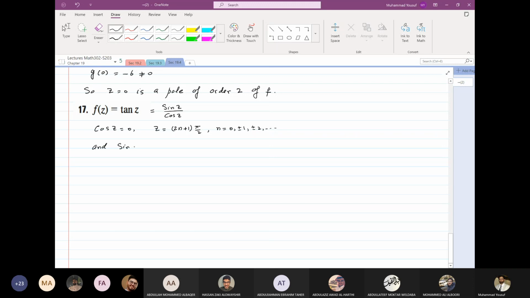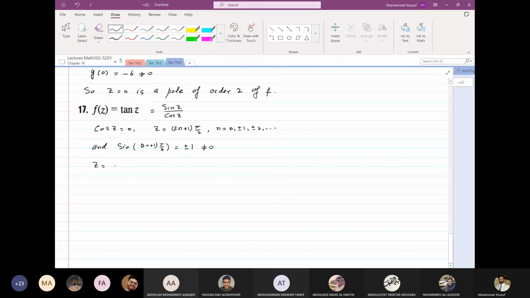And sine of 2n plus 1 pi over 2: when n is 0, it is pi over 2, so 1. When n is 1, it is 3 pi over 2, minus 1. When n is 2, it is 5 pi over 2, so 1. So it will be equal to plus or minus 1, not equal to 0.